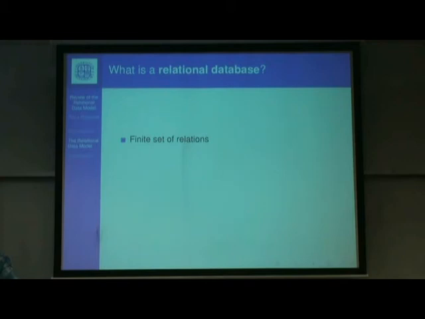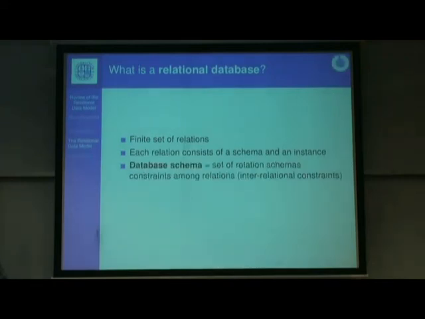So, what is a relational database? It's a finite set of relations, a finite set of tables. Each relation consists of a schema and an instance. And the database schema is a set of relational schemas and constraints among those relations. A friend a few minutes ago pointed to these constraints.